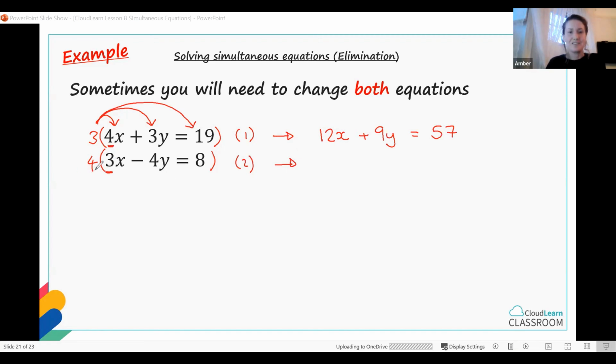And then I'm going to do the same thing with equation 2. 4 times 3x is 12x. 4 times minus 4y is minus 16y. And 4 times 8 is 32.